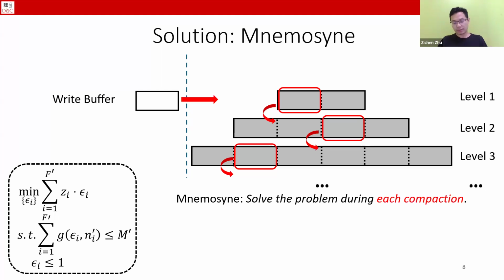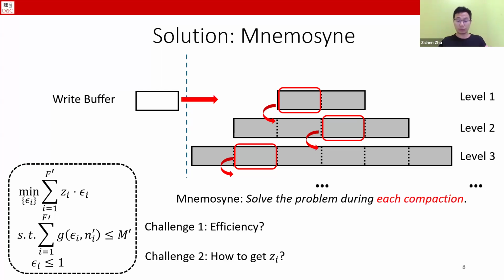But there are still two challenges. The first one is the efficiency. How efficient would it be to solve this optimization problem? Recall that the median compaction latency is no more than 1 second in our earlier study. In our work, we show that there exists a fast solver based on dual theory, which can solve this problem very efficiently without introducing much overhead during compaction.